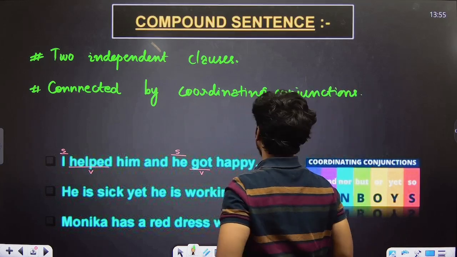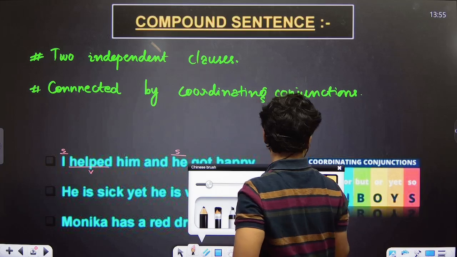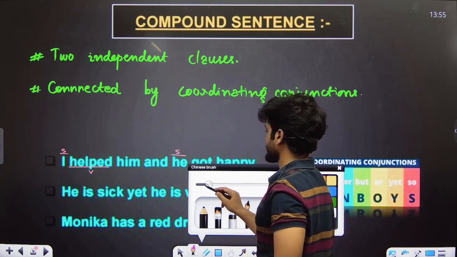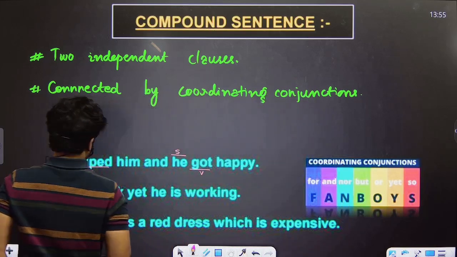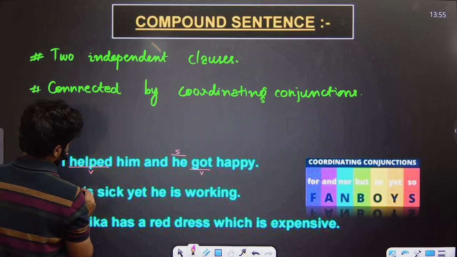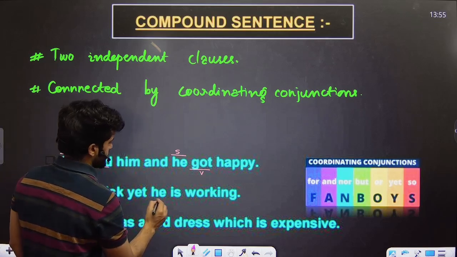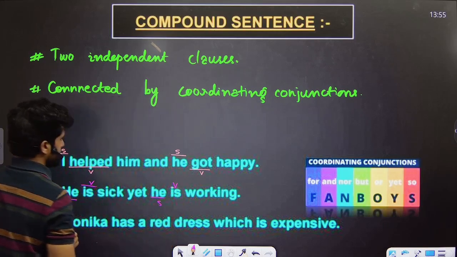Here also you will not get any dependent clause, there is an absence of dependent clause. He is sick, subject, verb, yet he is working, subject, verb, helping verb, main verb.